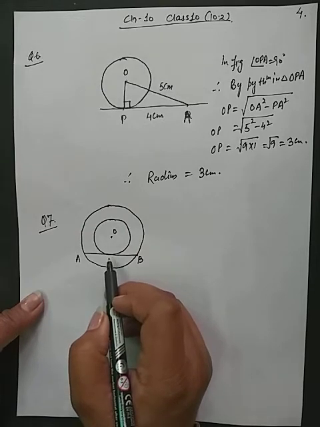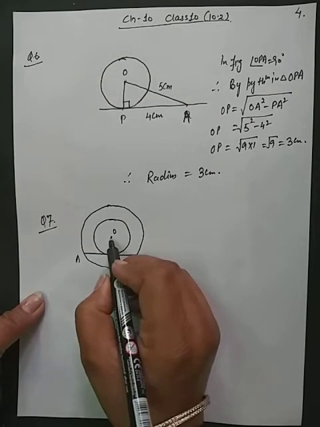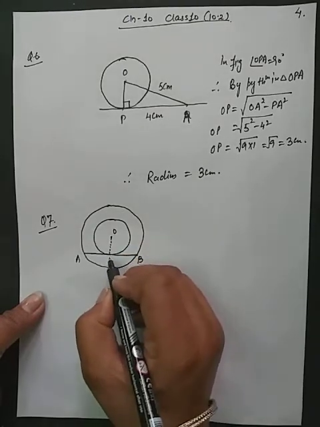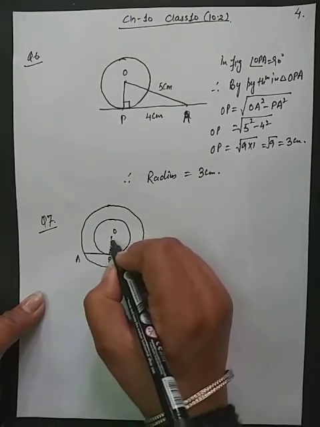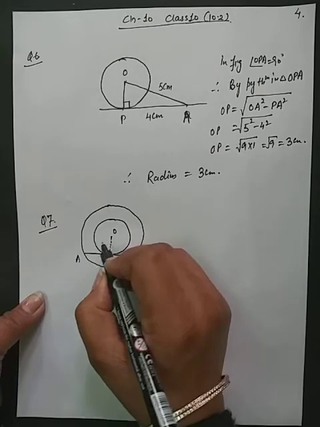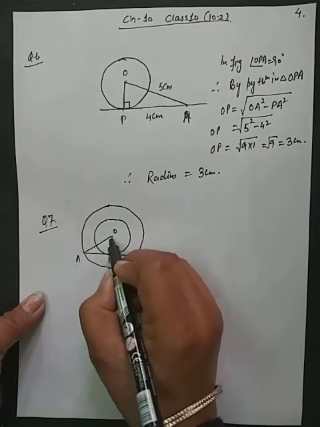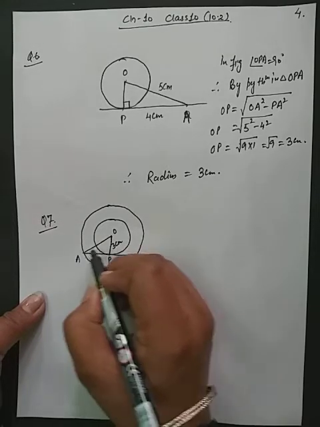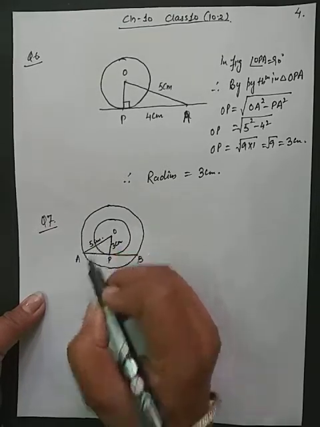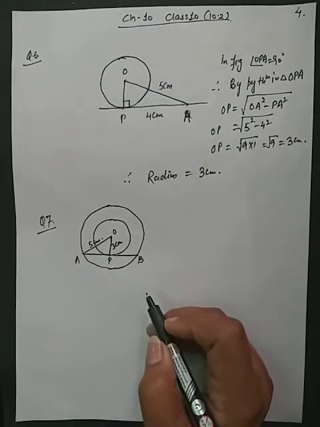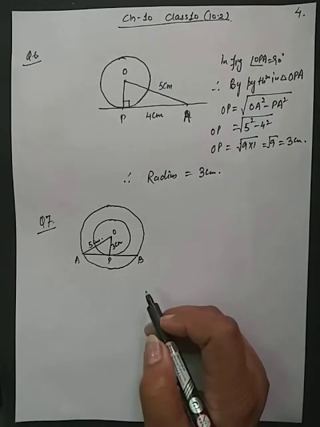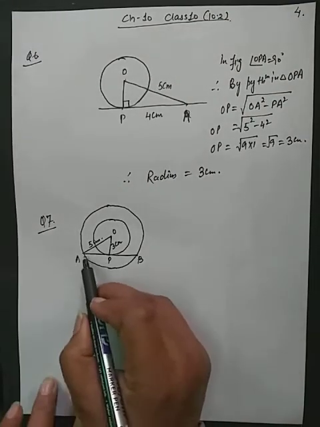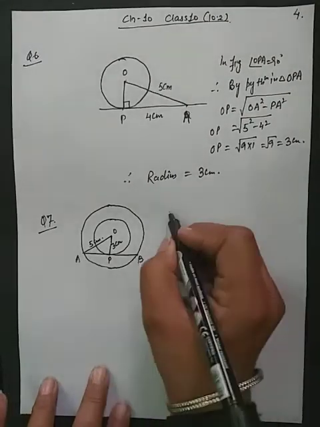So for inner circle this is the tangent at point P and OP is the radius of inner circle. OA is the radius of outer circle. So this is given to us 3 centimeter and this is given to us 5 centimeter. And we have to find the length of the chord of the larger circle, meaning we have to find AB.